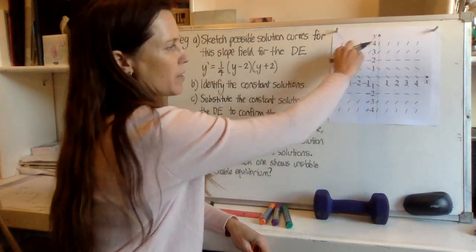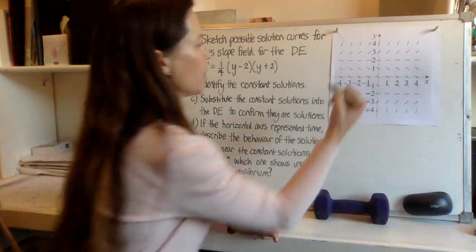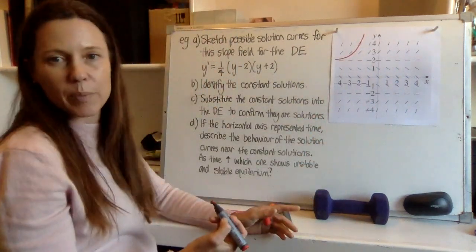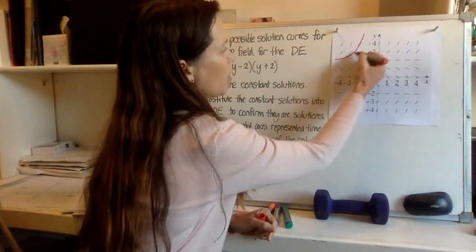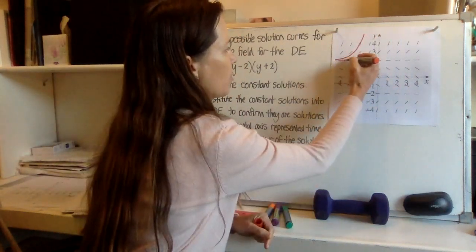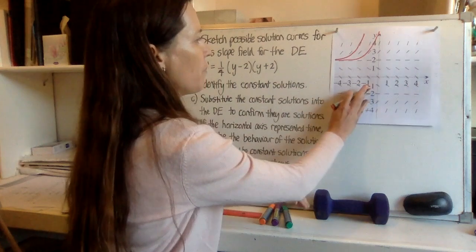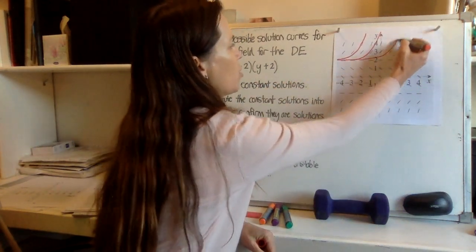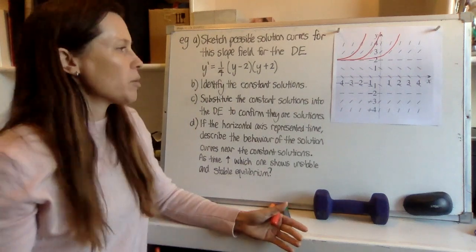We've probably got this line here, y equals 2, as an asymptote. So any curve going along here is going to tend to go shooting up at some point. So whether it's gone shooting up there, or perhaps it's gone along and then gone shooting up here, or perhaps it might have gone along further before going shooting up there, we've got a variety of options.